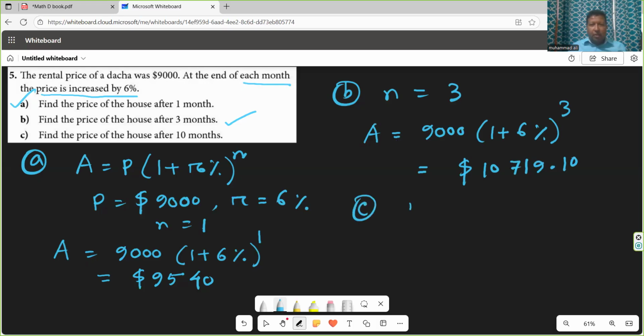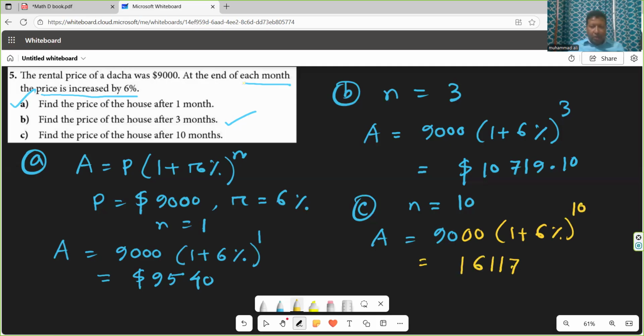And number C, N equals 10 months here. So amount equals 9,000 (1 + 6%) to the power 10. So the final answer is $16,117.60. So question number 5 is completed here.